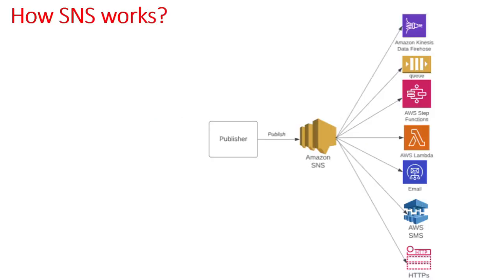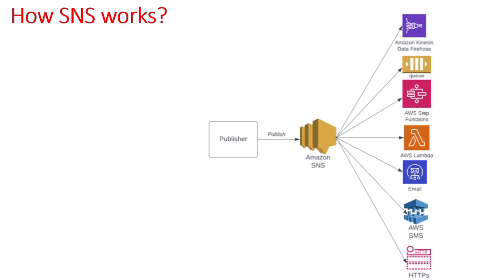Before we truly understand how the SNS SQS pattern works, let's take a quick look at how SNS works. In this diagram, you can see that SNS uses the publisher-subscriber approach. A publisher is nothing but a service that is ready to send messages, and it could be an ECS Fargate container, an EKS pod container, a Lambda function, or any other web API.